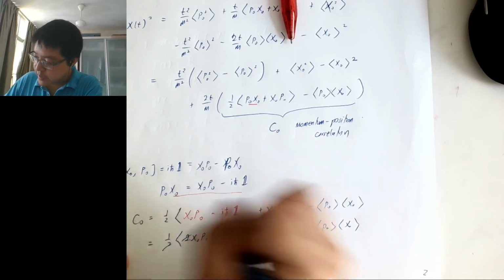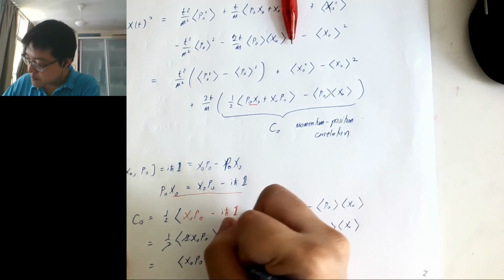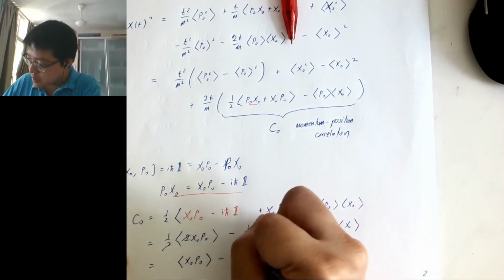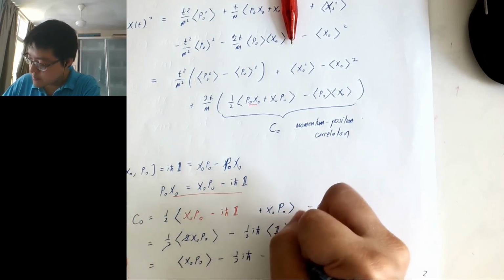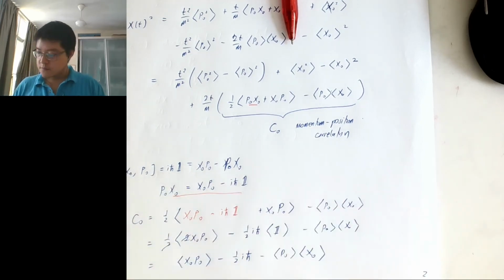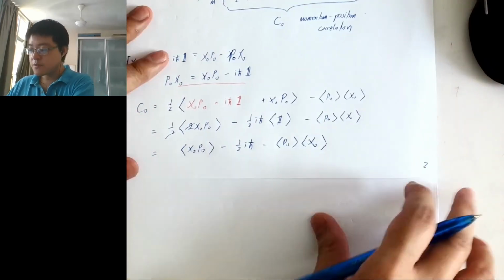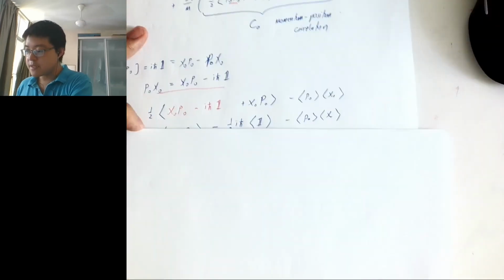Okay, so I can cancel the 2, so this is just xp, and then minus half iħ, and then minus px. So we have simplified this equation already. So therefore, let's put this back in.